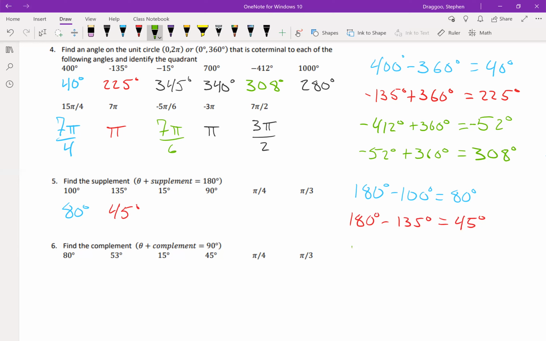So we'll take pi and subtract pi over 4, which is 4 pi over 4 minus pi over 4. So 3 pi over 4.